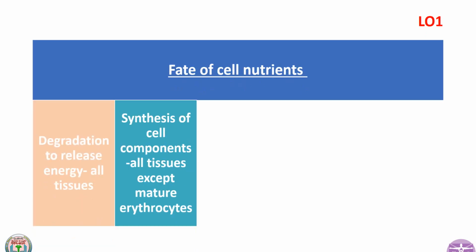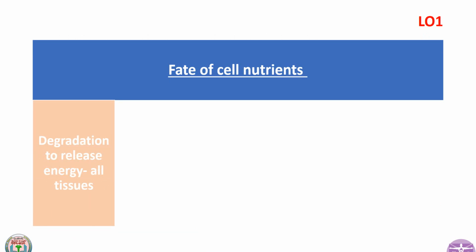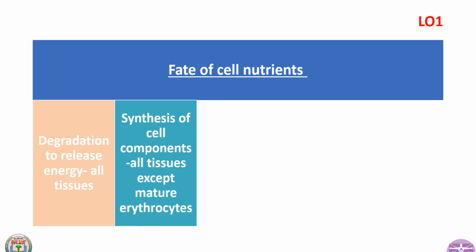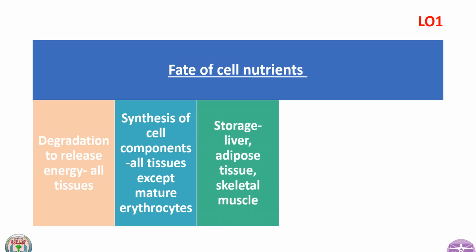What is the fate of this cell nutrient? Either there will be a degradation to release energy into the tissue, or there will be synthesis of cell components. This nutrient may be used for the synthesis of some cellular component. These cell nutrients may be stored in the liver, or in the adipose tissue, or in the skeletal muscle.